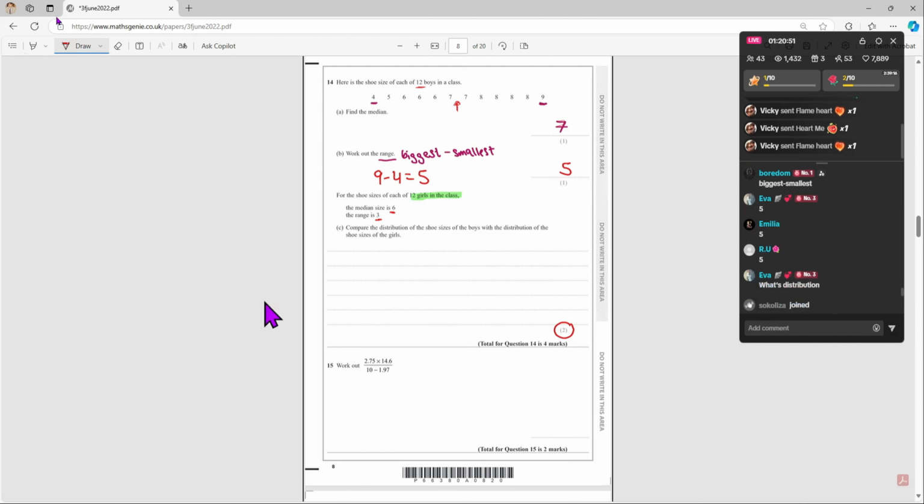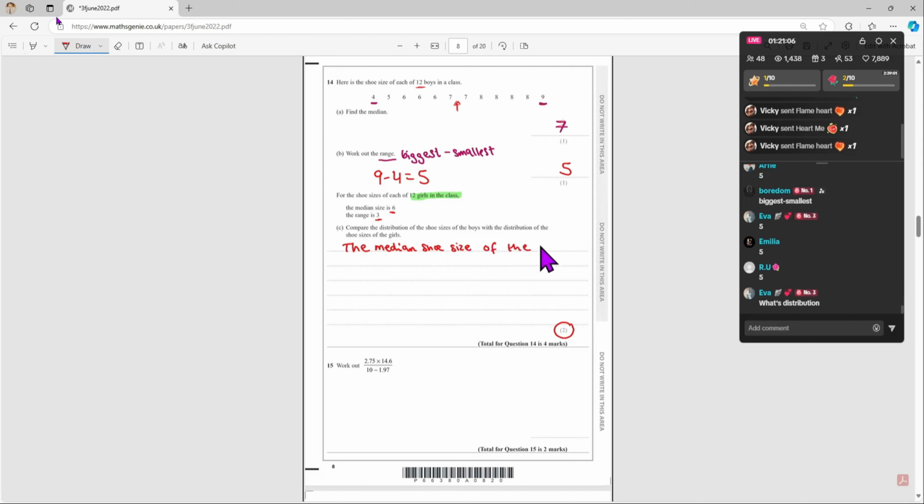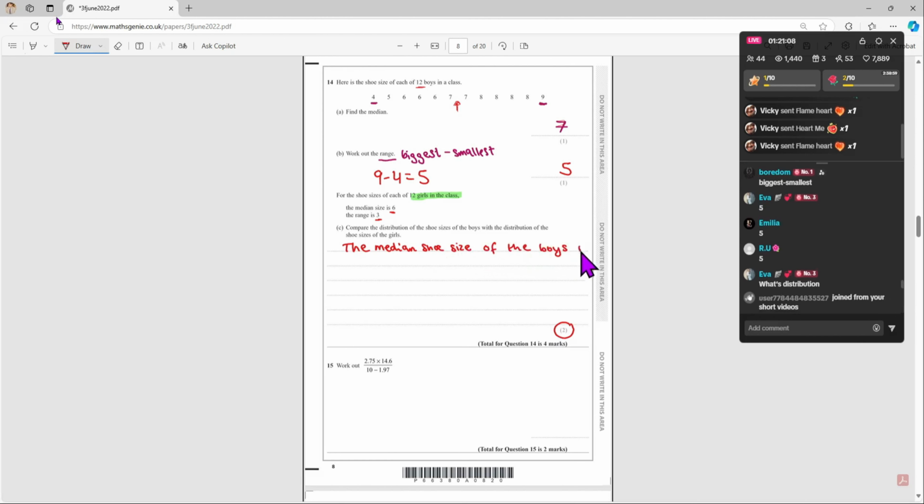So the first thing you write is: the median shoe size of the boys is greater than the girls. That's the first point you will write, and that's going to give you 1 mark.